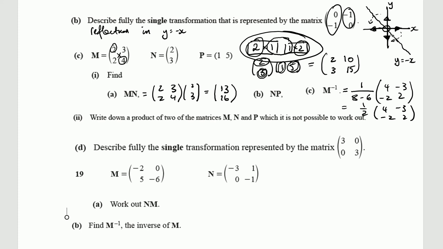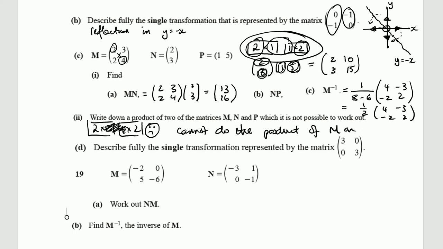Now, here I have M, which is a 2 by 2 matrix, and if I try to multiply that one with, say, P, which is a 1 by 2 matrix, then these don't match, so it can't be done. So I cannot work out the product of M and P because they don't follow the domino rule.